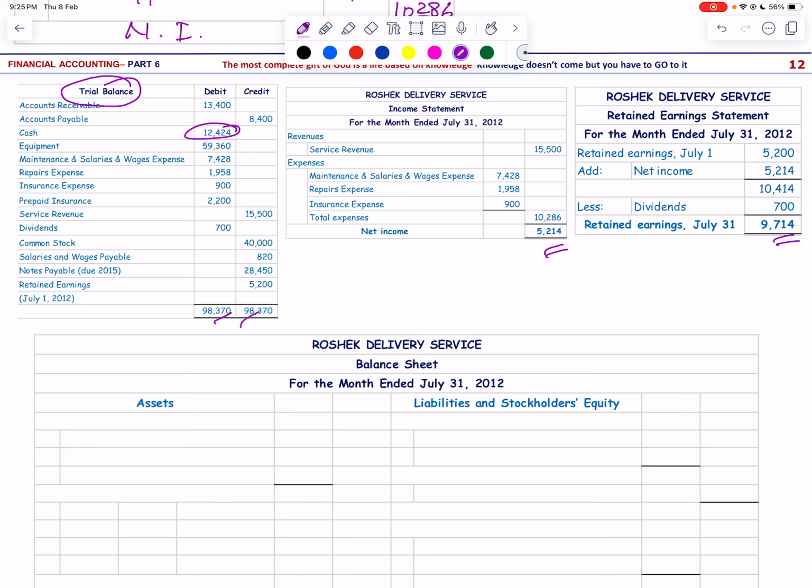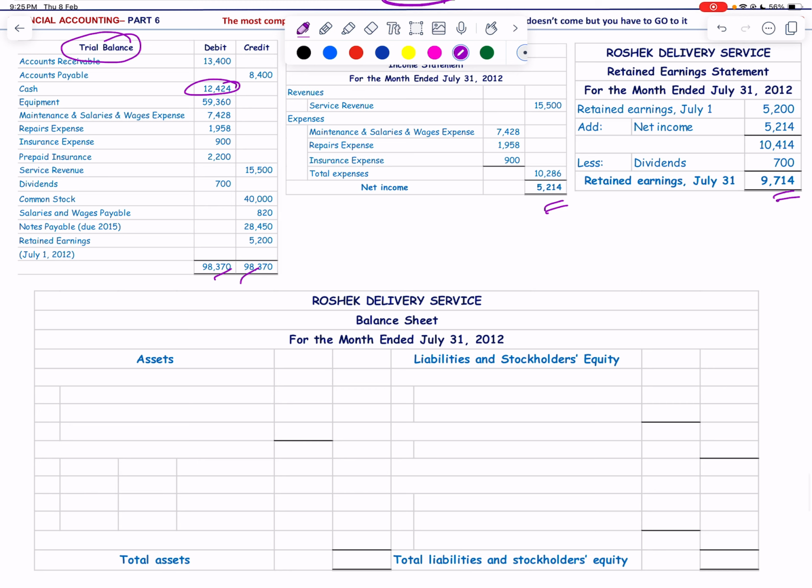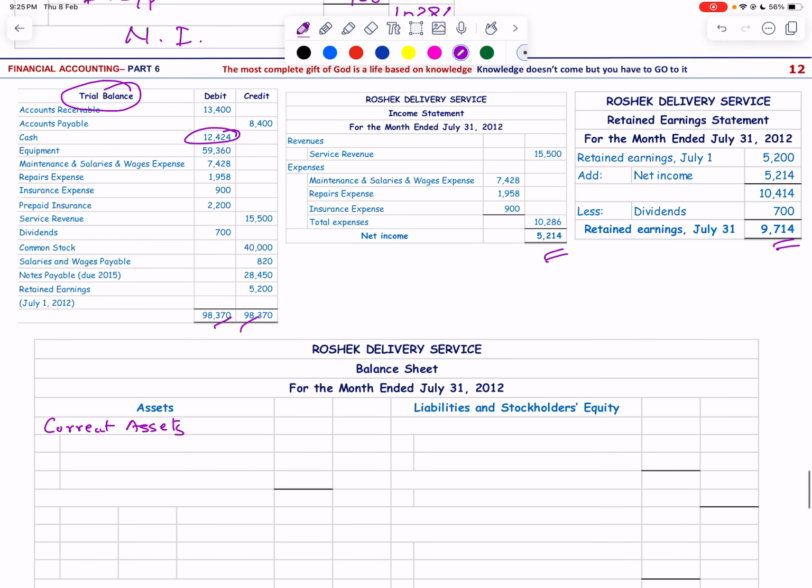we prepare the classified balance sheet. For the classified balance sheet, we are going to have first of all the current assets, and what are the current assets? We have the cash 12,424.